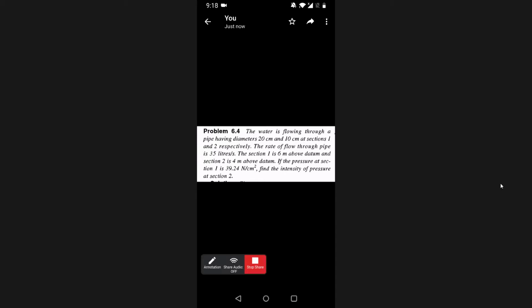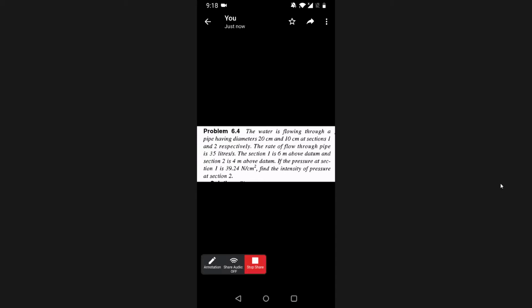So it is Q, and Q is equal to area into velocity. It is given as 35 liters per second. How to convert into the SI unit of meter cube?